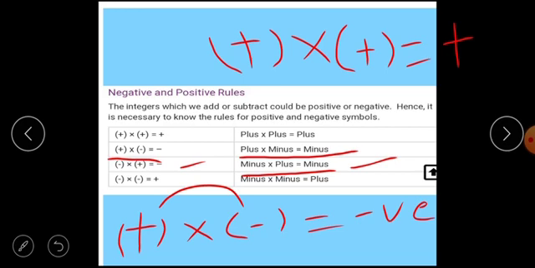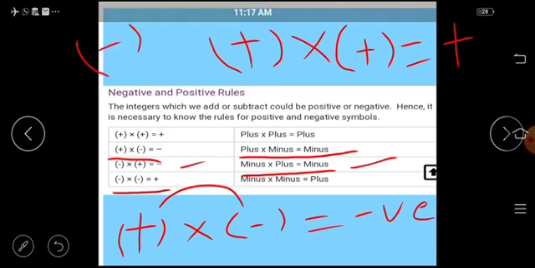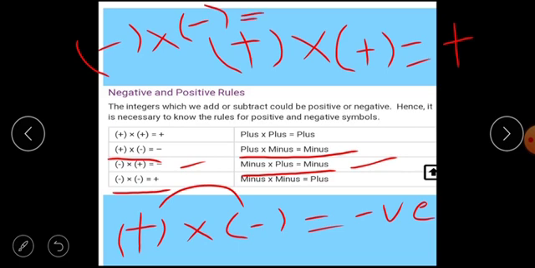And the last, fourth one is that when you multiply a negative number by a negative number, then you will get plus in answer. So minus into minus will be equal to plus. So student, here I explained the negative and positive rules.